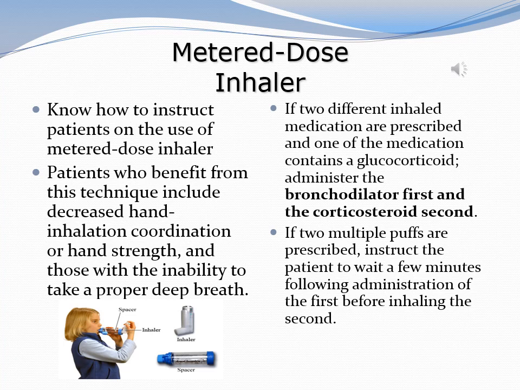Because of the significant relationship between poor inhaler technique and the lack of symptom control, issues that could affect proper inhaler use must be considered when assessing the effectiveness of these medications. So conditions such as decreased hand-inhalation coordination, insufficient hand strength, so they're not able to hold the inhaler, and the inability to generate a sufficient inspiratory flow could impair the delivery of the medication and impair the whole system.